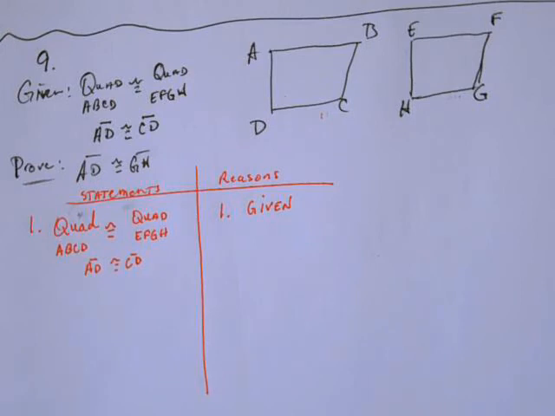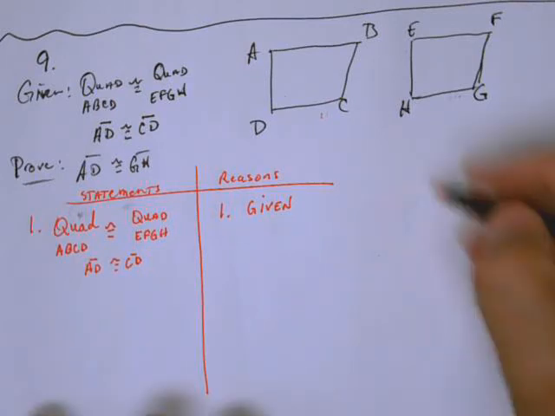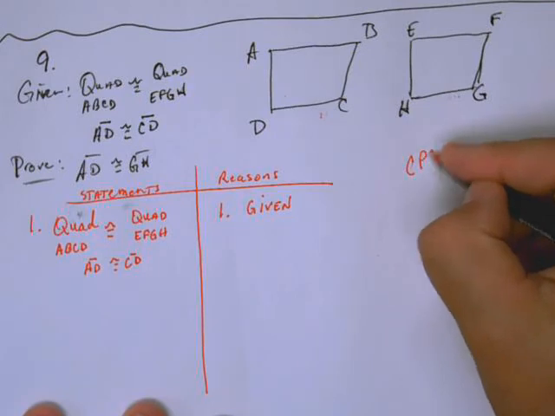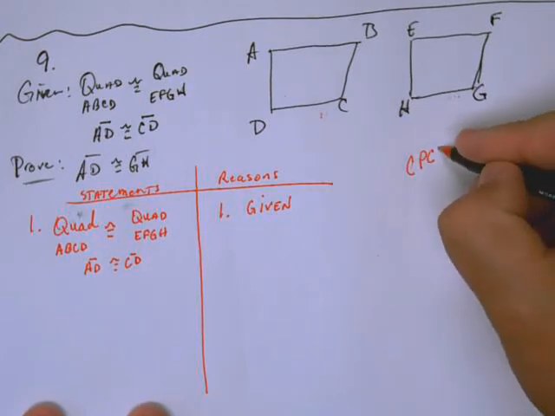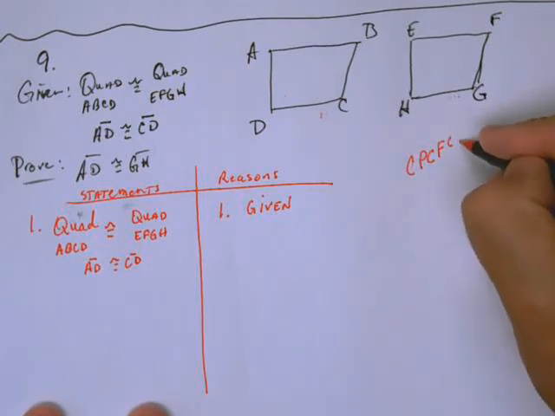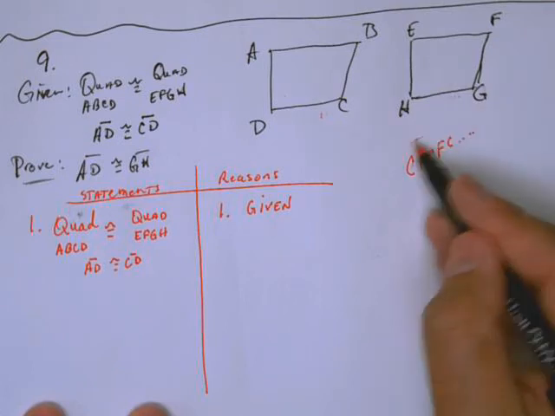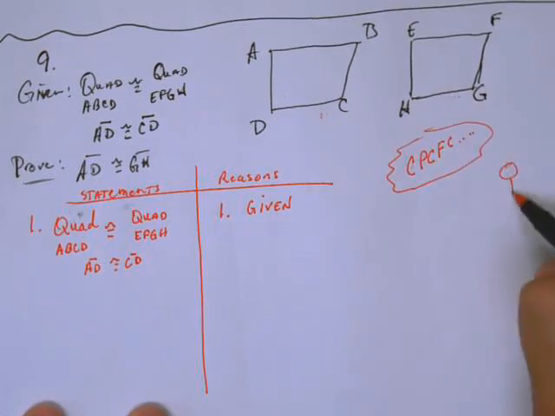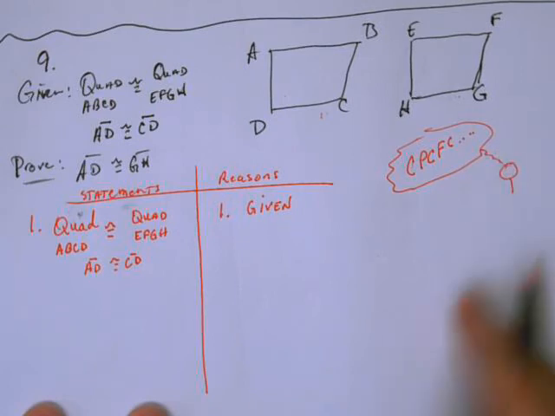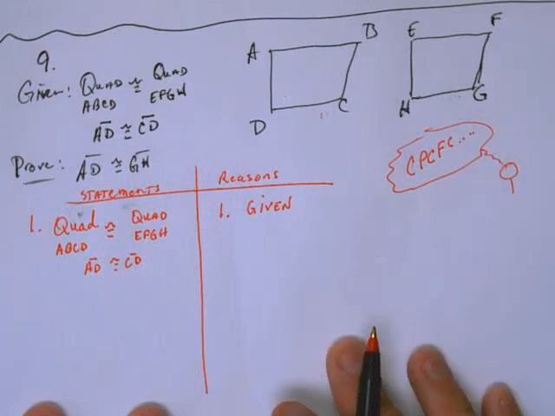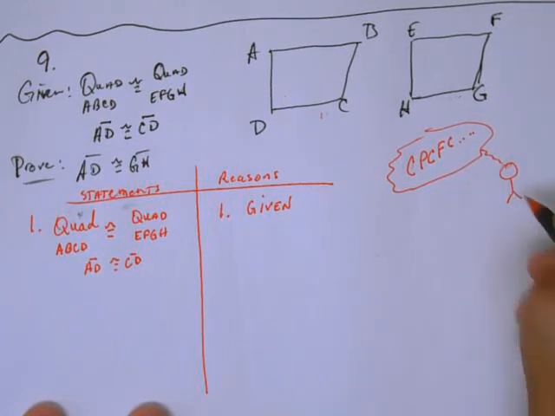Okay, let's look at technique number 1, which is why did they give us this given information? What does it mean? What can I conclude? All that kind of stuff. As soon as I know that two things are congruent, in my mind, I should be thinking corresponding parts of congruent figures are congruent. Ah, yeah, corresponding parts of congruent figures.